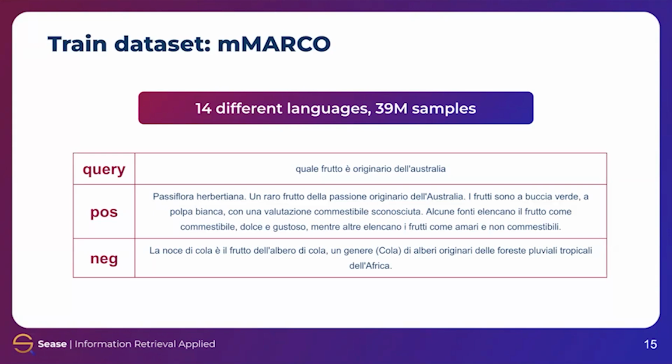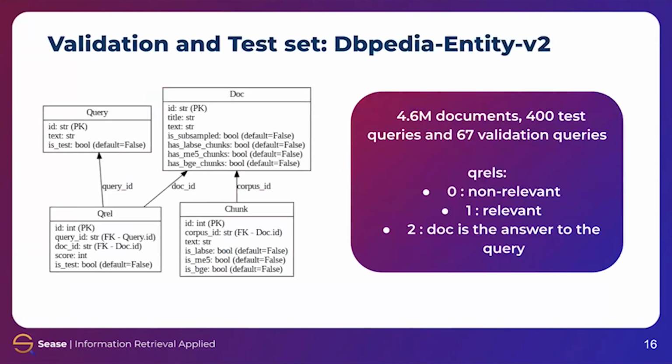This is a multilingual version of MS MARCO, another Microsoft dataset, that has 14 different languages and 39 million samples, and is structured in triplets: the query, a positive document, and a negative document. This will be useful during training because we need this structure to fine-tune these models. The models I want to show you.